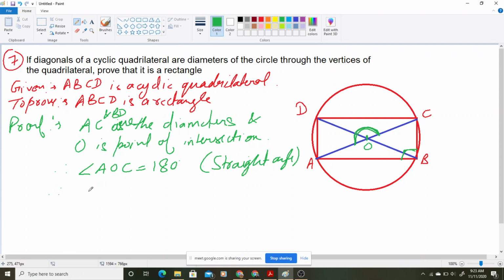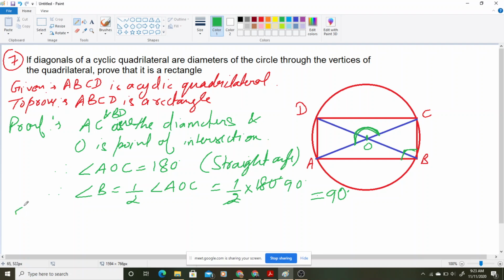Therefore, can we write that angle B is half of angle AOC? So it will be 1 by 2 multiplied by 180, and how much we are getting? 90. That means angle B we are getting as 90 degree. Okay.